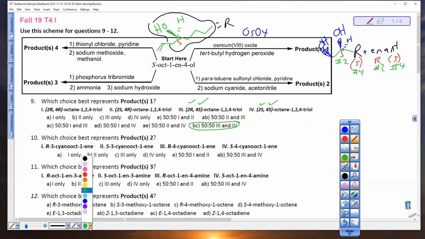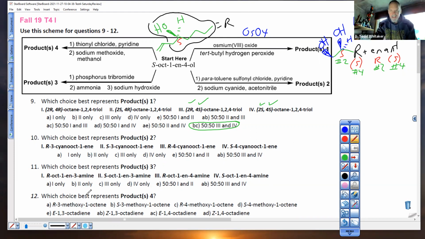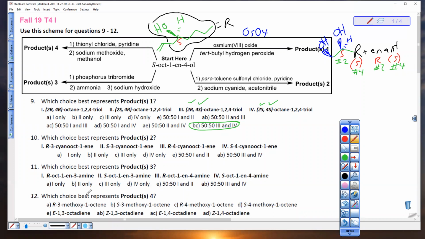So that's something we can memorize, like paratoluene sulfonyl. Oh, if you know the mechanism, then yes, you've memorized it. If you don't know the mechanism, then it's just straight memorizing. Because there's not a backside attack in that mechanism on the carbon. There's only a backside attack on a sulfur to make the ester.